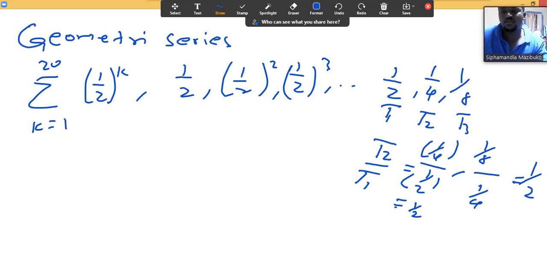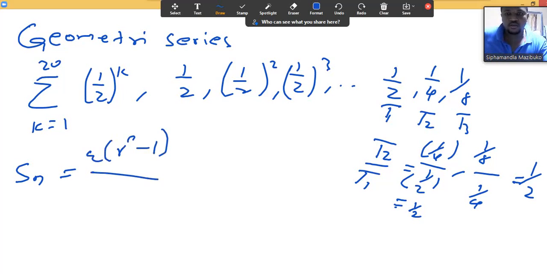The general formula to calculate the summation of a geometric sequence is Sn equal to A into R to the power n minus 1, all over R minus 1.